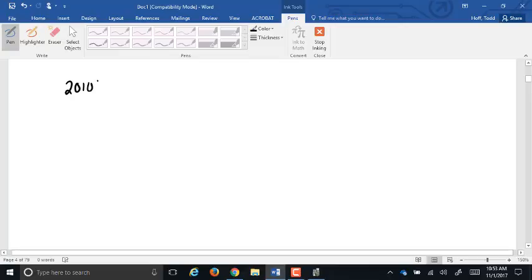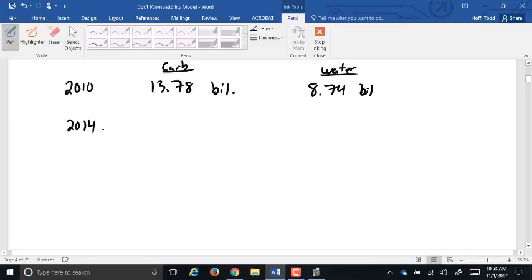In 2010, the company sold 13.78 billion gallons of carbonated soft drink, and 8.74 billion of water. In 2014, carbonated sold 12.75 billion, and water was up to 10.87 billion.